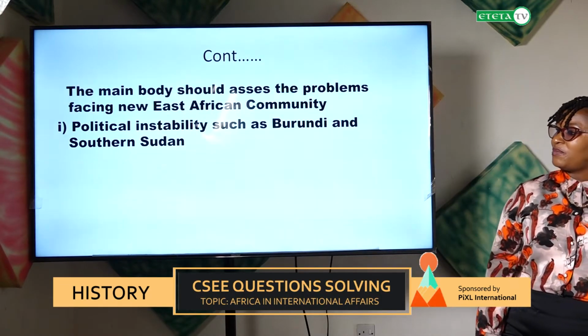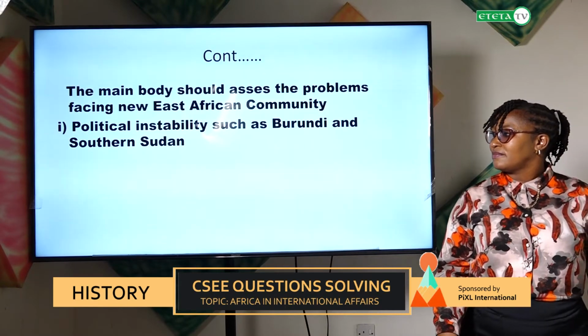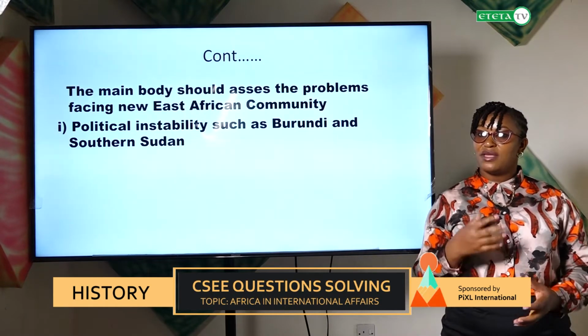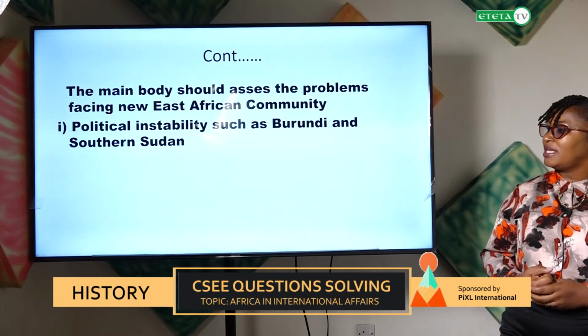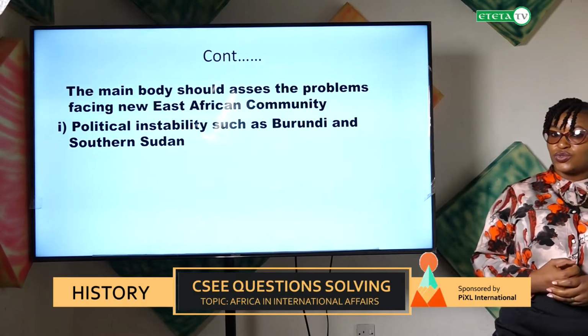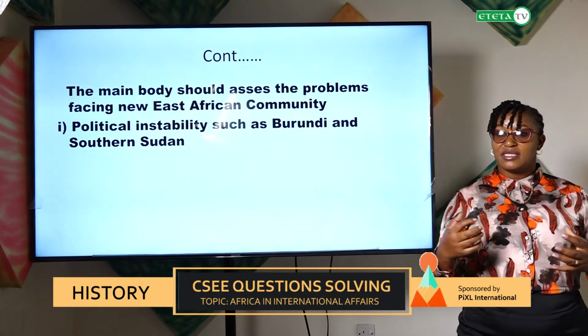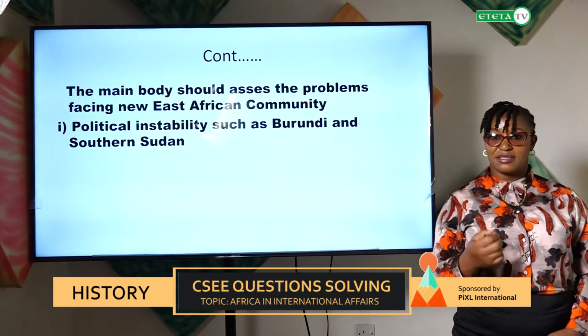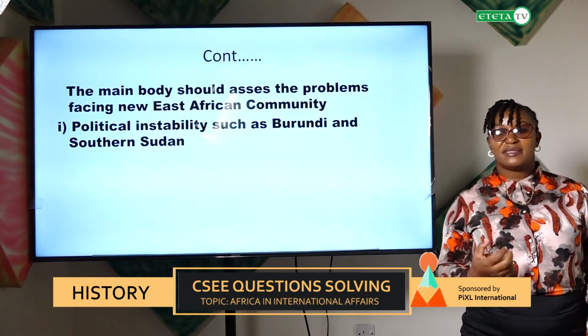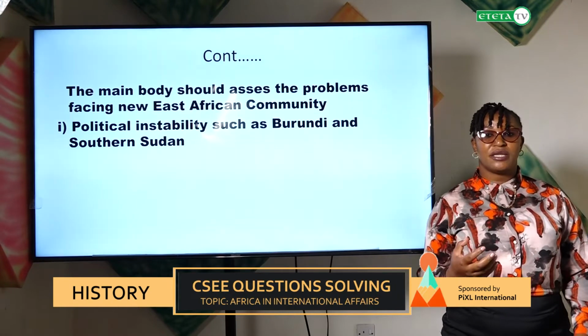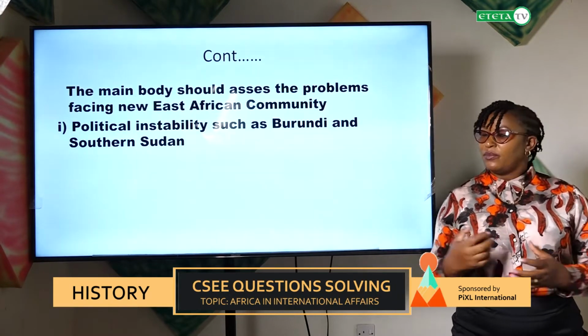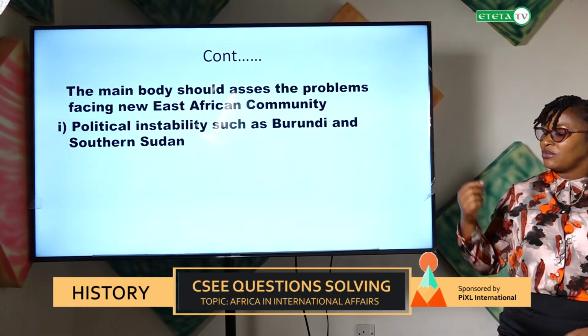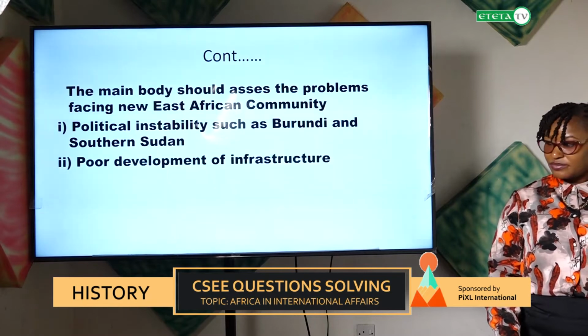Number 1 is political instability. Political instability within the member states such as Burundi and South Sudan. They are still in civil wars in their countries, and the member states are not in a position to solve those political instabilities among their member states.